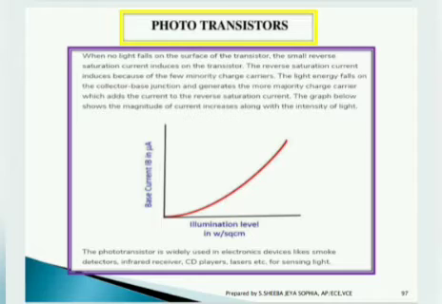From the graph given below, you can clearly see the magnitude of current increases along with the intensity of light. The graph is drawn between base current and illumination level. The phototransistor is widely used in electronic devices like smoke detectors, infrared receivers, CD players, lasers, etc. for the purpose of sensing light.